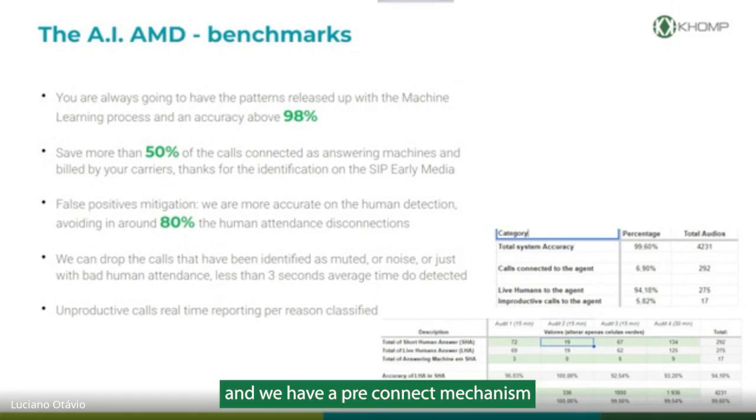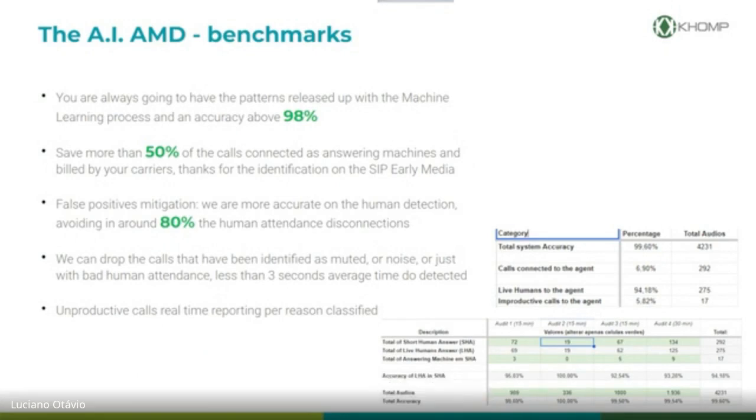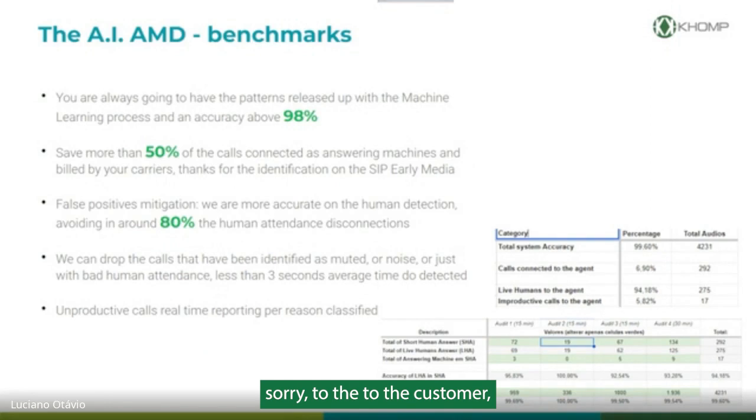And we have a pre-connect mechanism, where we say the early media. So the SIP early media is very important for us, because we can detect before the call is connected to the agent, to the customer, at least 50% of the calls that are going to result in a carrier's message.